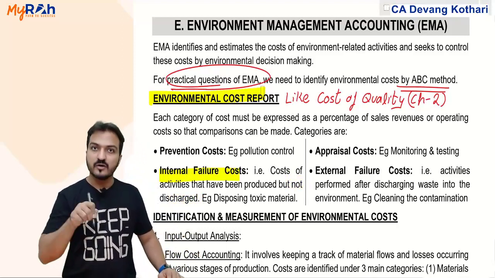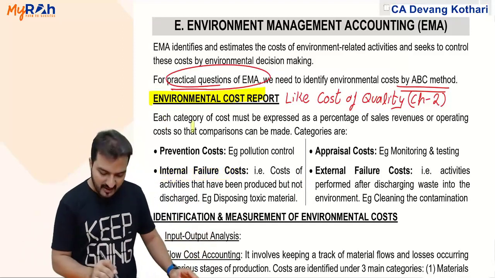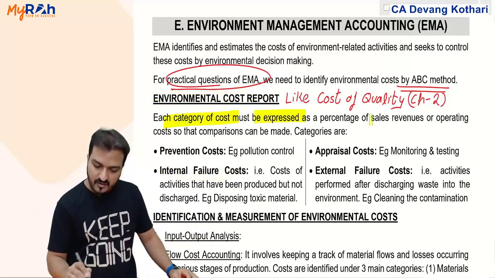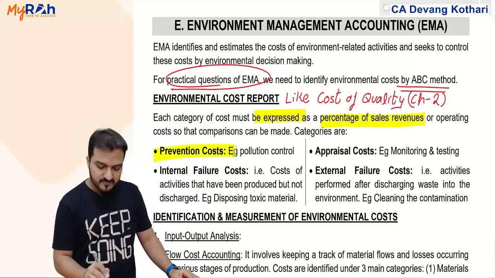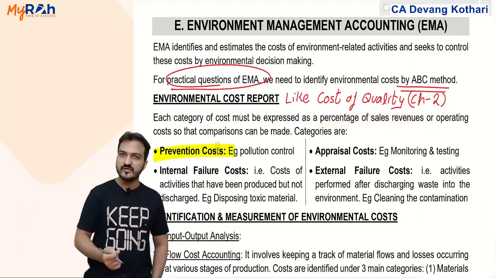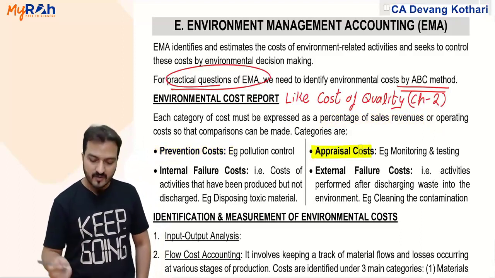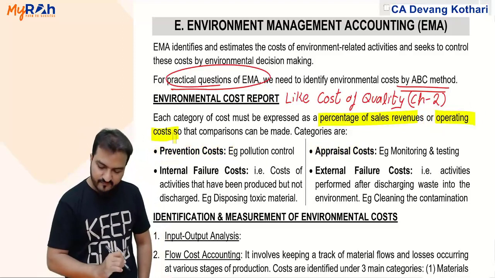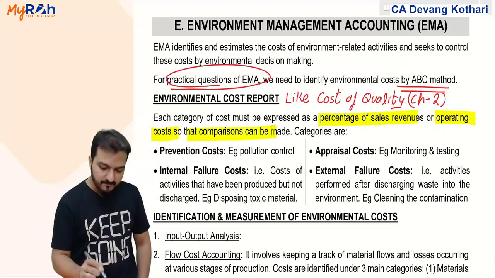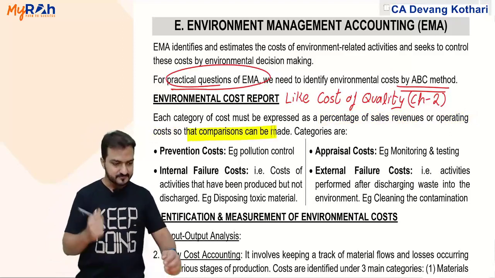Environment cost report means that you need to report all these 4 things. Each category of cost must be expressed as a percentage of sales revenue. You express how much percentage of sales is your prevention cost, how much is your appraisal cost, and so on. It can be presented as a percentage of sales or percentage of operating cost, so that comparisons can be made. Categories are these.